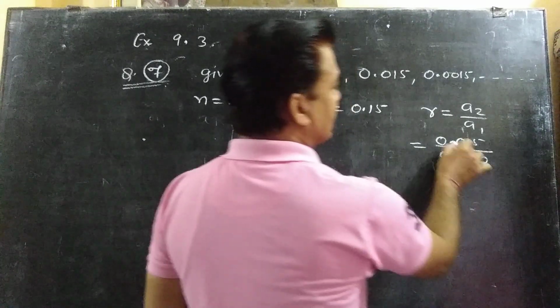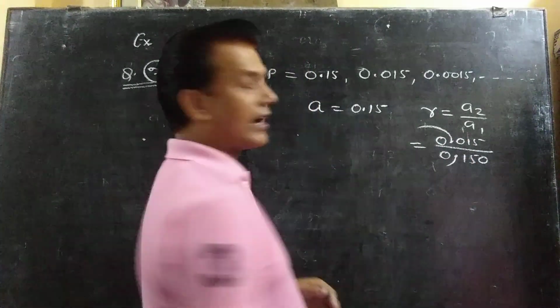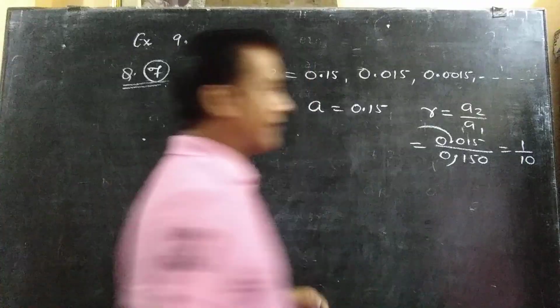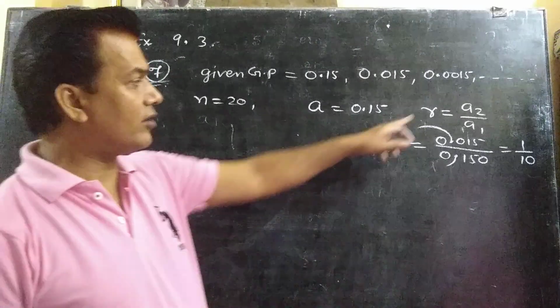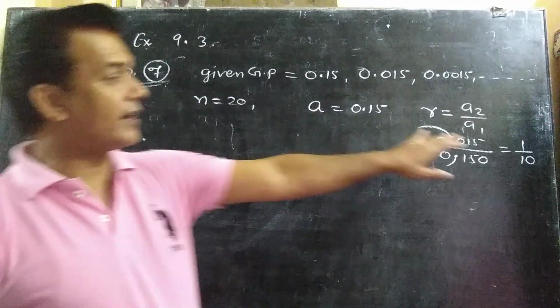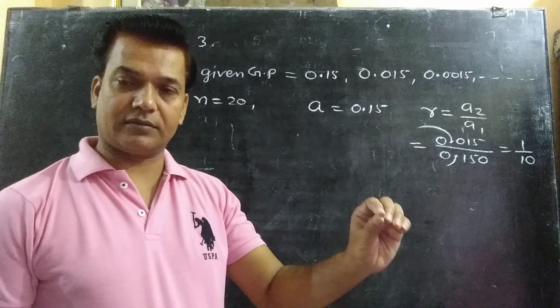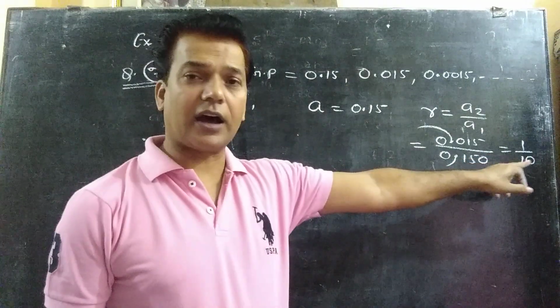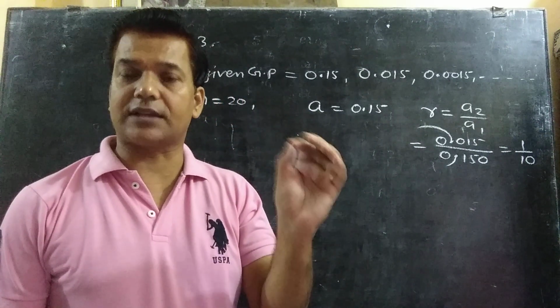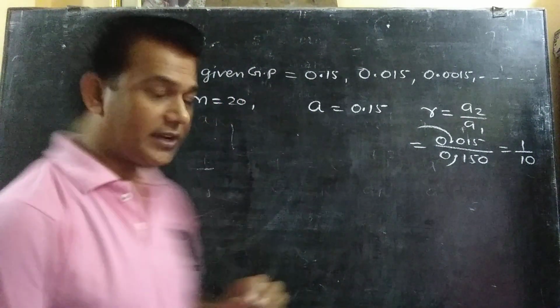To remove the decimal sign, I write like this, and here is 1 by 10 we have. So this is the value of r. Now n, a and r, everything we have. The value of r is less than 1. That's why the sum of n terms formula we are using.